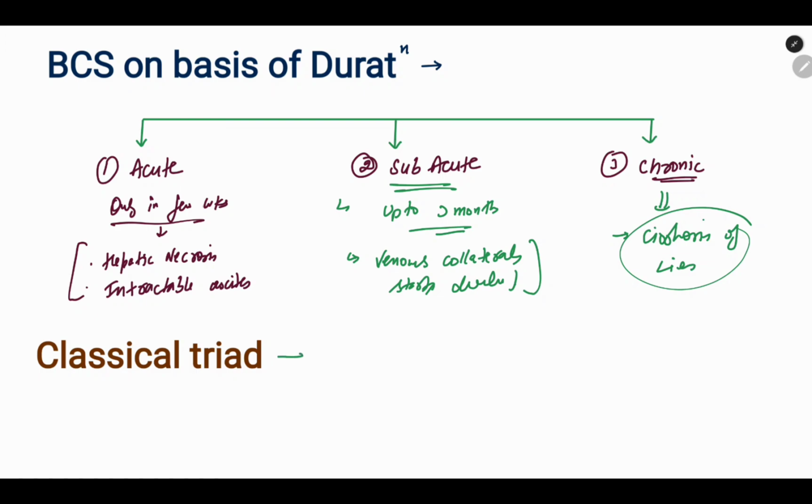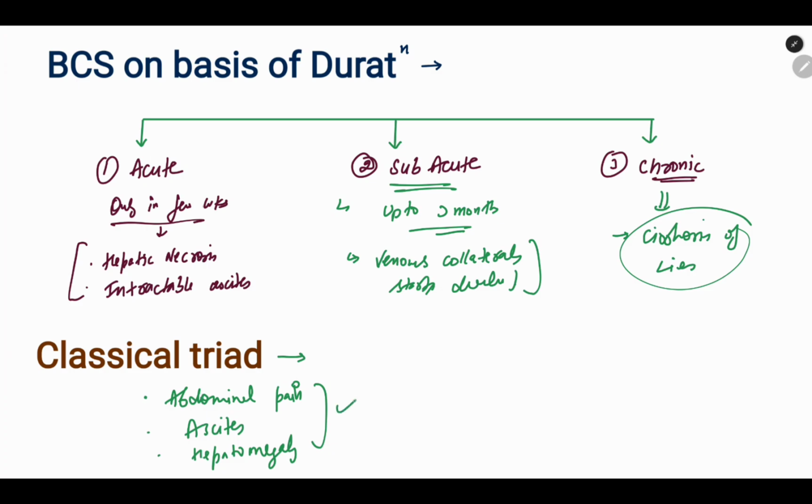Now talking about the classical triad of Budd-Chiari syndrome, it includes three symptoms: abdominal pain, then the development of ascites, and then hepatomegaly. So this was the classical triad. However, the symptoms of Budd-Chiari syndrome are also quite vague and non-specific.